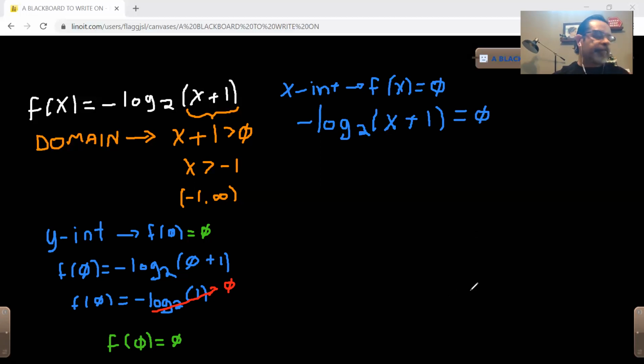What can we do to manipulate this? Let's remember the relationship between the logarithm and the exponential. These are inverse functions. If I want to eliminate the logarithm to find the value of x, one way of doing this is to elevate everything to the same base.